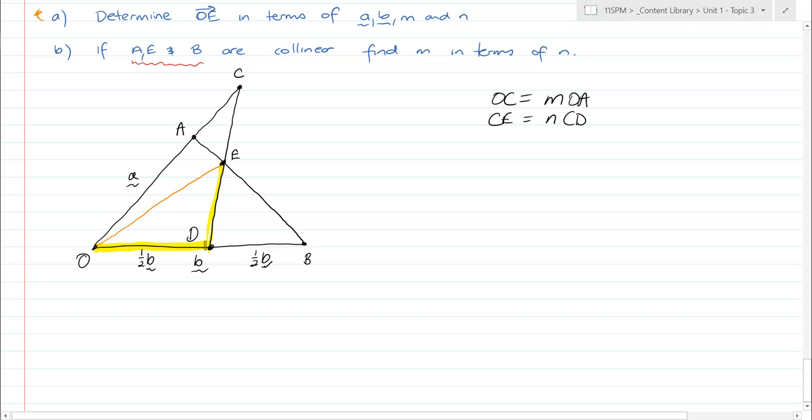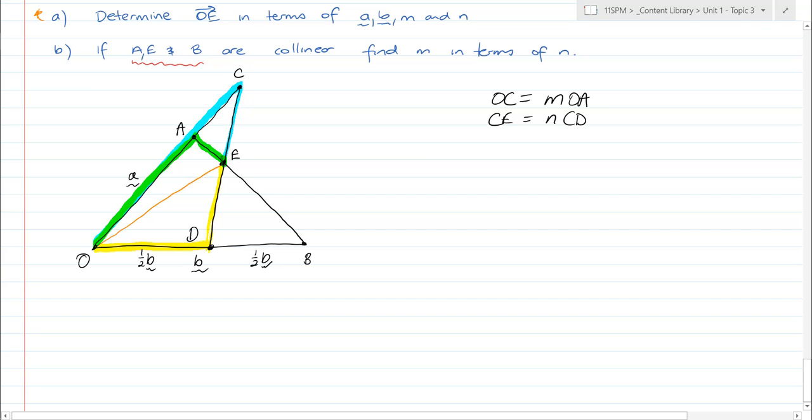That would work for me. The other way I can see is if I go right up to OC and then down to CE. I know stuff about OC and CD and OB. I could do this and to there, but I'm concerned about that because I don't really know much about AB.